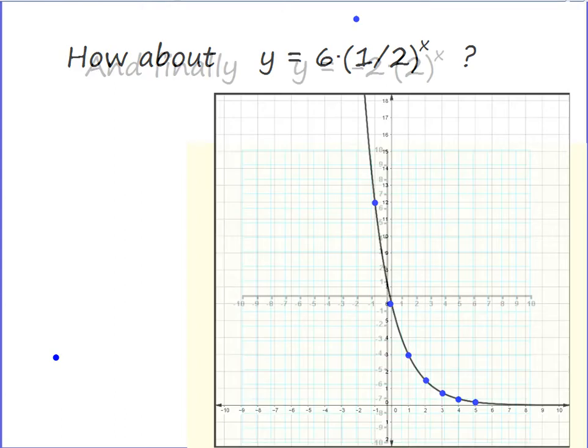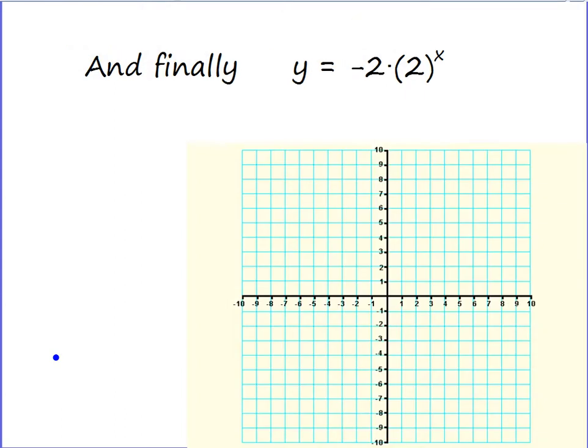Let's take a look at one more. This time let's take a look at the graph y equals -2 times 2 to the x power. -2 is our starting value, or y-intercept, and 2 is our rate. If I start at -2 and multiply that by 2, what's our next y value?